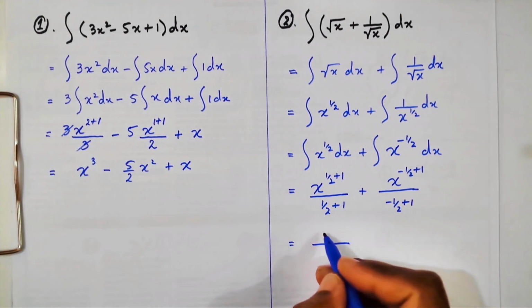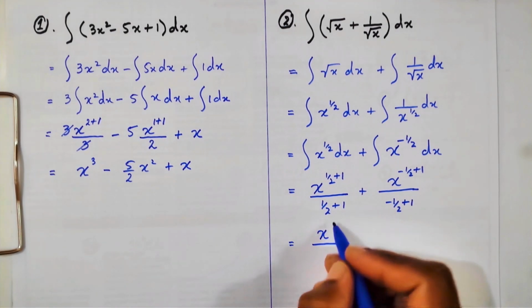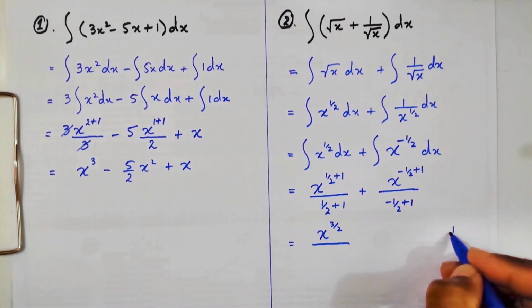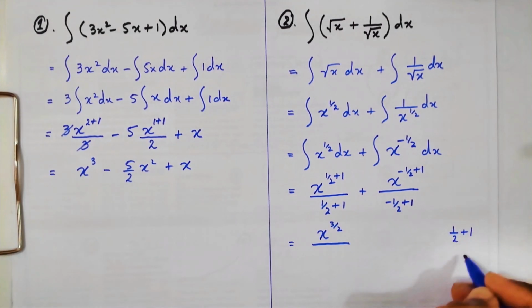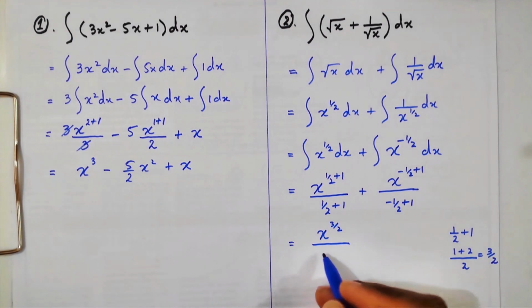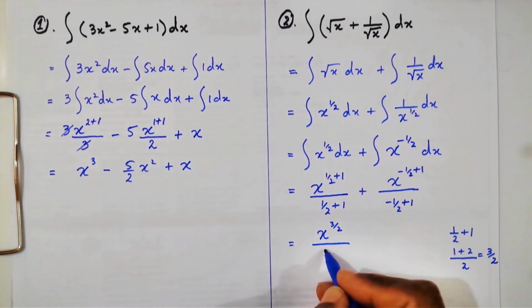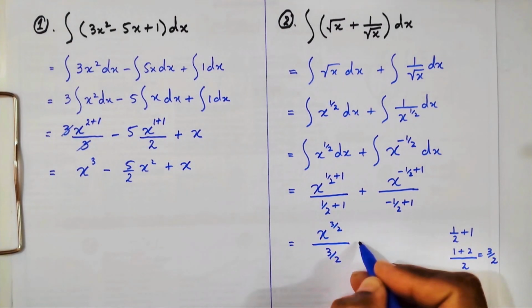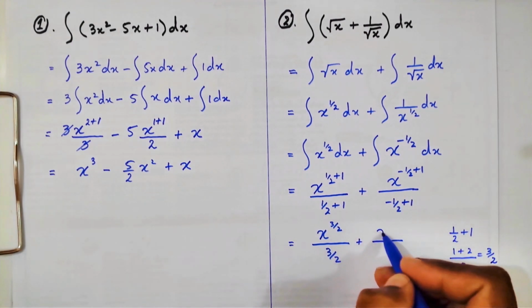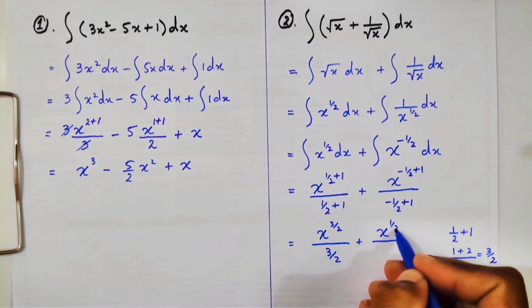After solving these powers by taking LCM, if you take the LCM of 1 by 2 plus 1, you will get 3 by 2. I hope you know how to take the LCM. Same as here, if you take the LCM of minus 1 by 2 plus 1, you will get 1 by 2.